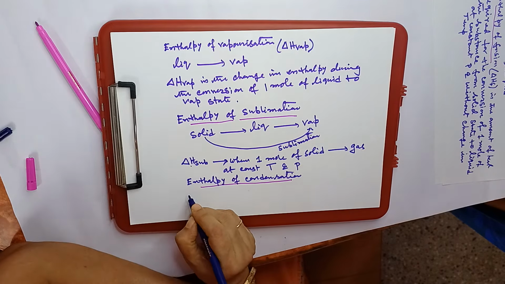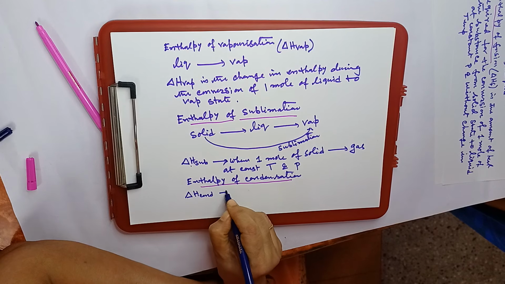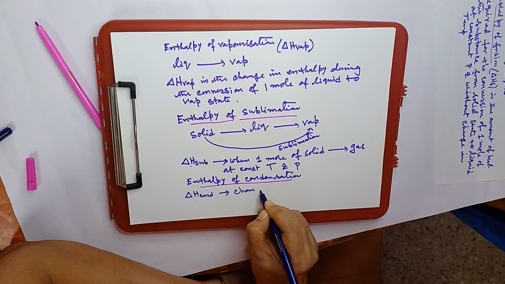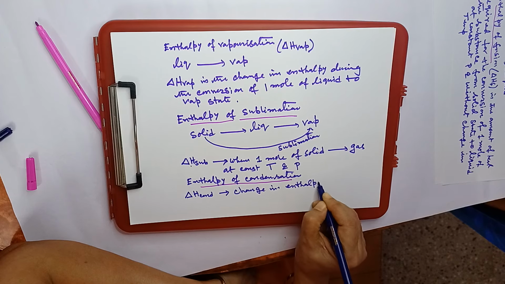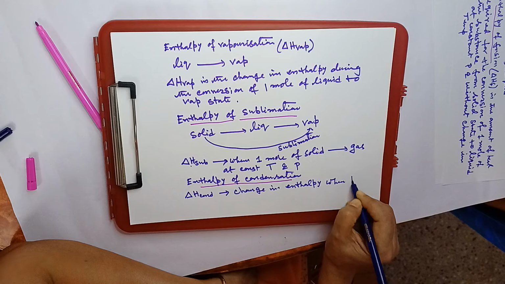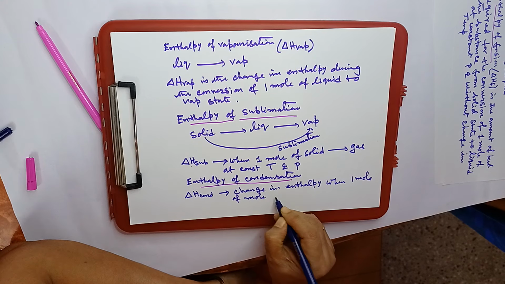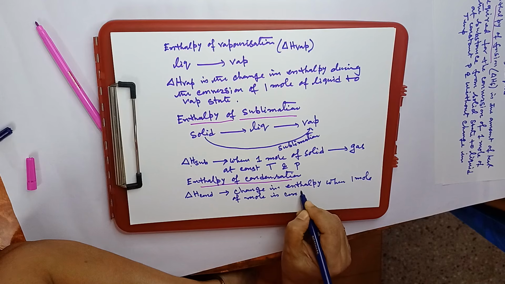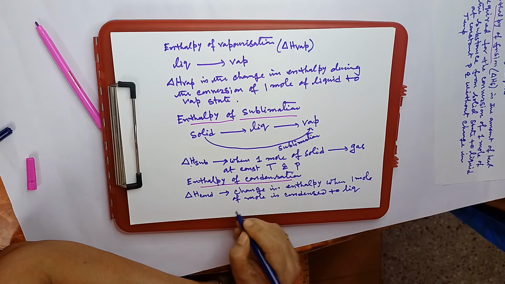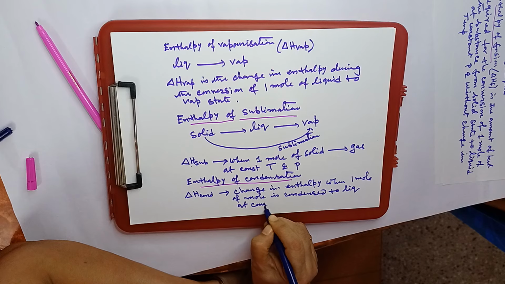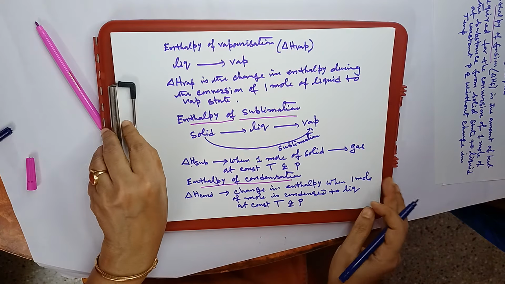Or you can write that this enthalpy of condensation is nothing but the change in enthalpy when 1 mole of gas is condensed to liquid at constant temperature and pressure. This is enthalpy of condensation.